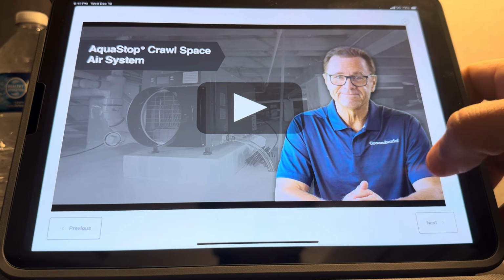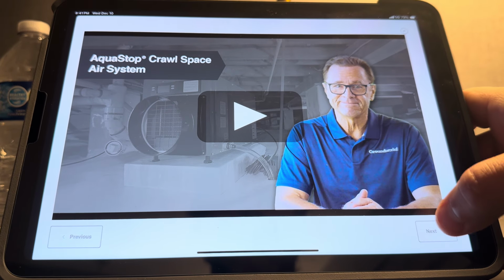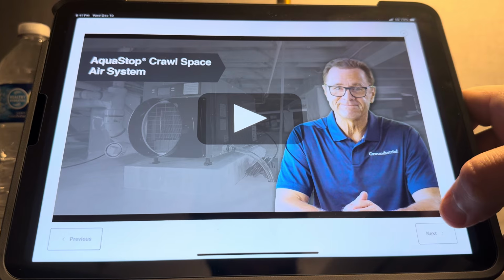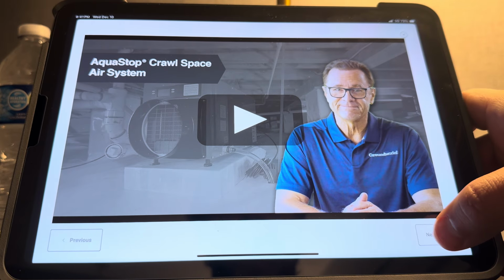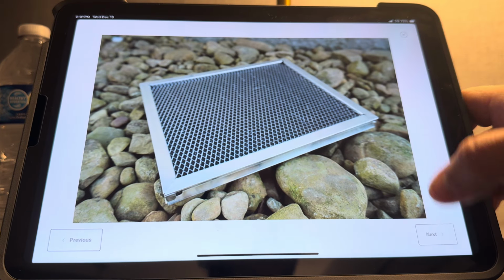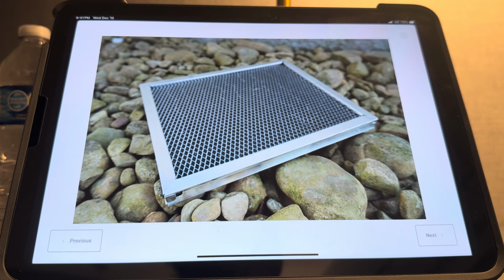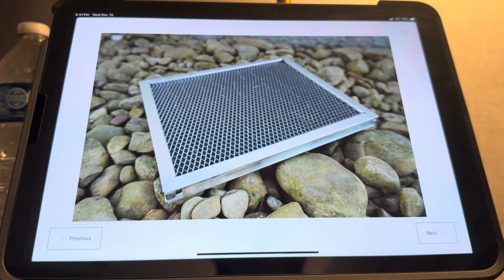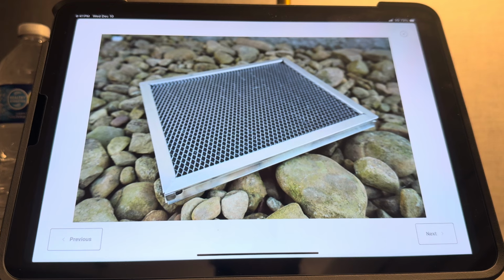This acts as a dehumidifier, and I'll let this video say it even better than I could. Play the video. Okay, so our air system is going to have a permanent filter. This is something that you're not going to need to replace.